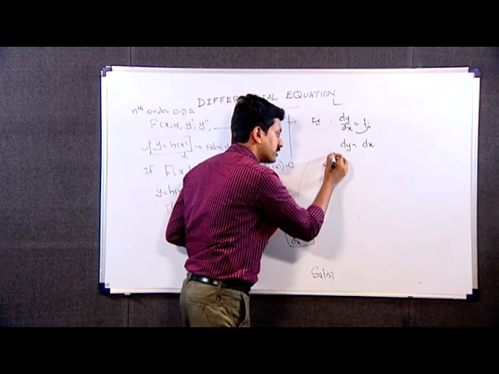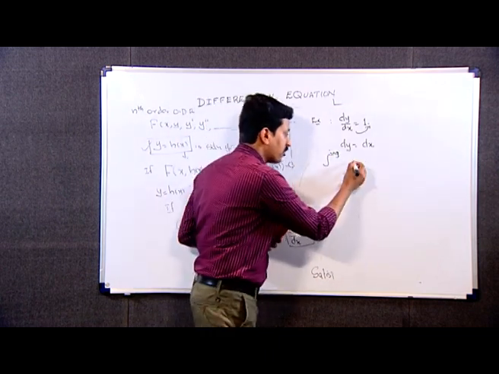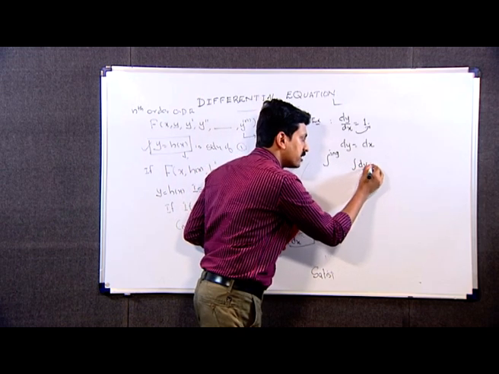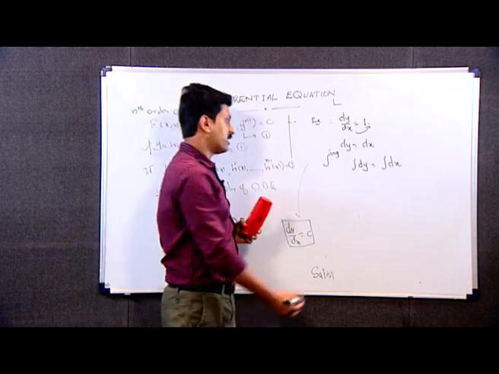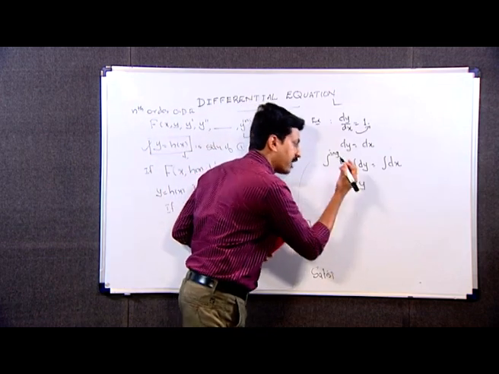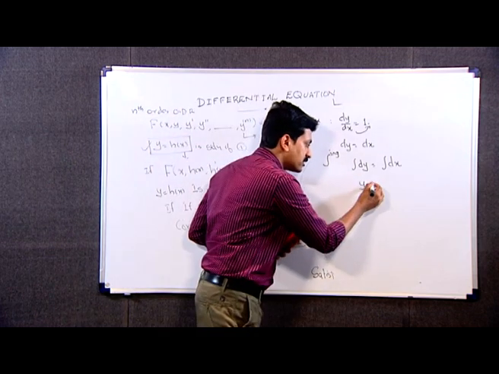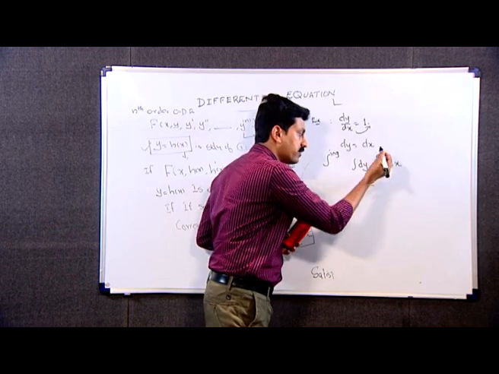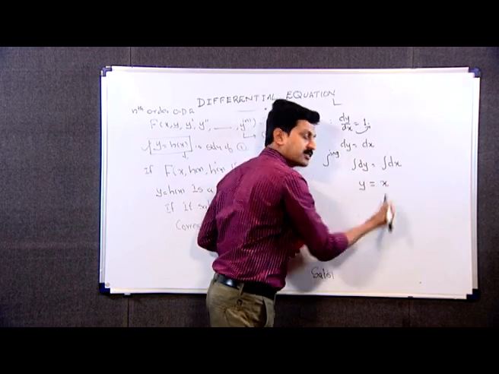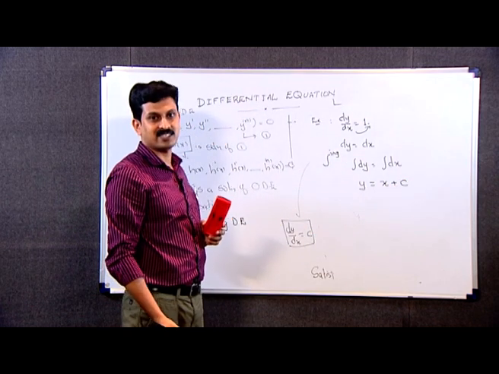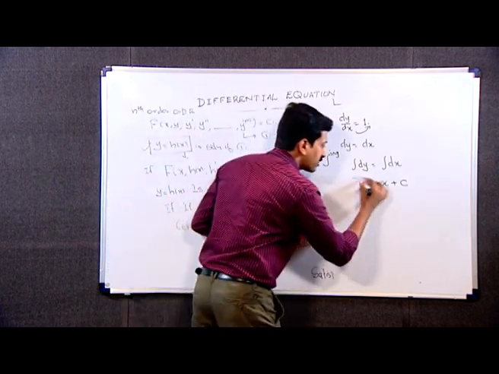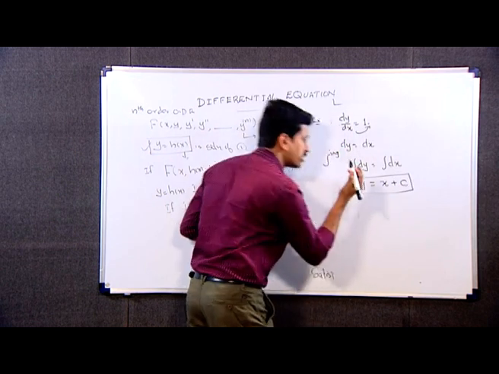Integrating both sides, integral of dy is equal to integral of dx. Integral of dy means y, and this is equal to integral of dx, which is x plus a constant of integration. So y is equal to x plus c is a solution.